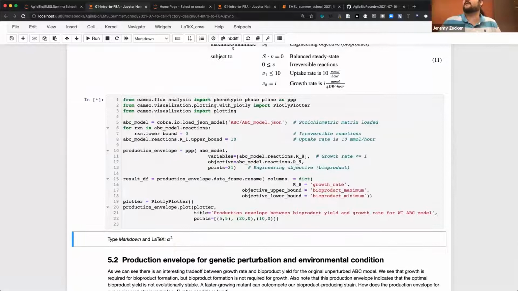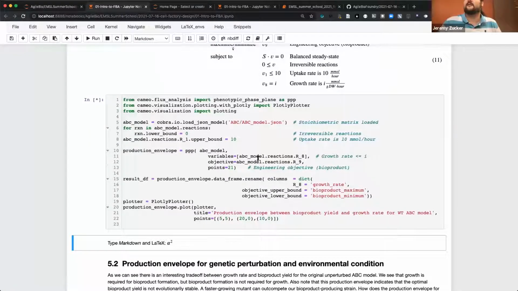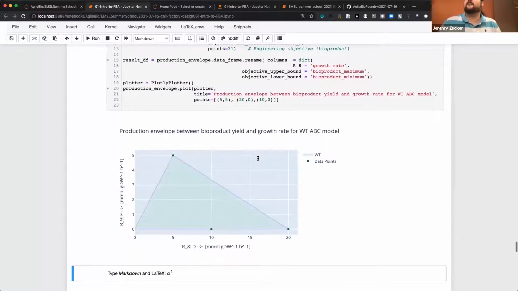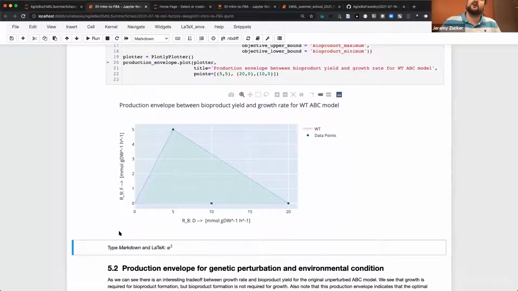And it's thinking. That's the black dot right there. And here we go. So now we have a chart that shows on the x-axis the growth rate, in millimoles gram dry weight per hour. And on the y-axis is R9, that's our bioproduct.